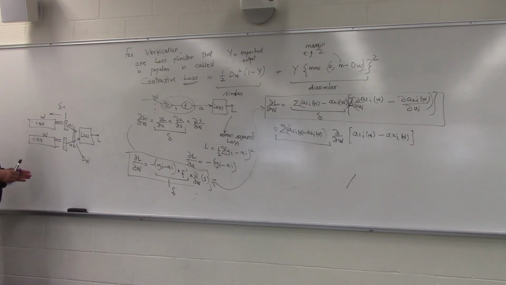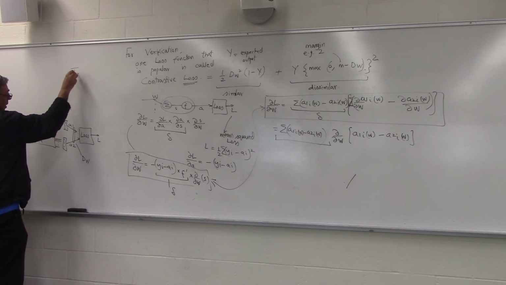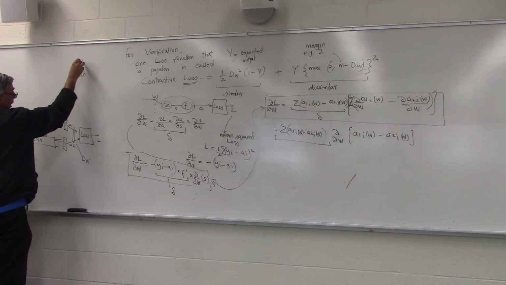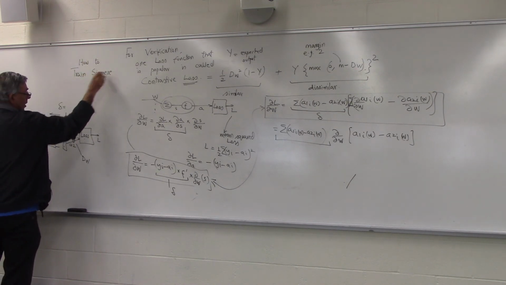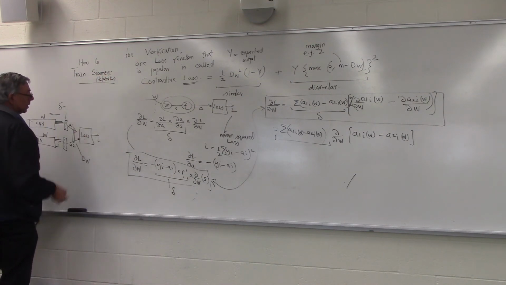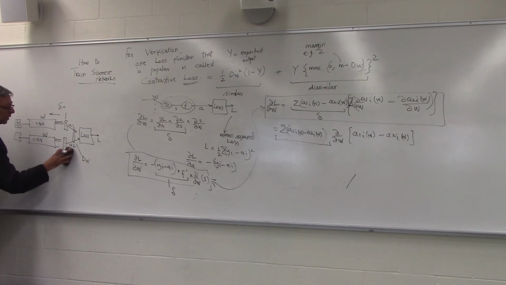All I'm saying is, maybe this will explain. What I'm trying to show you is how to train Siamese networks. In reality, we don't create two different networks. We just have one network.